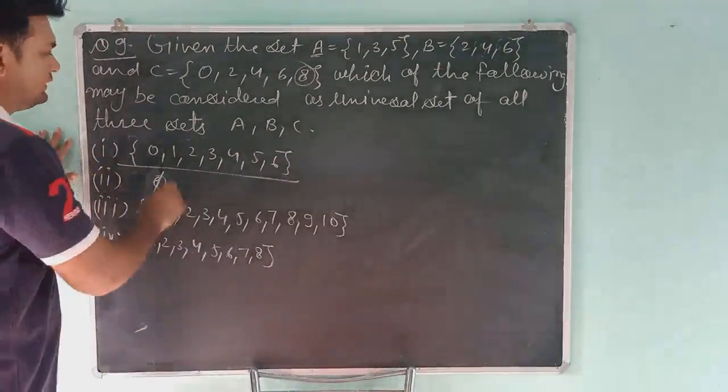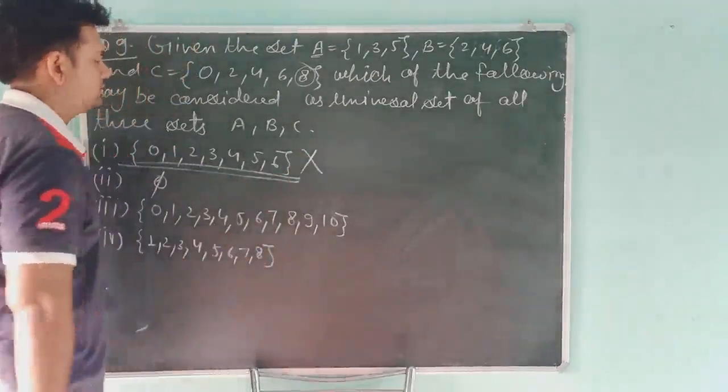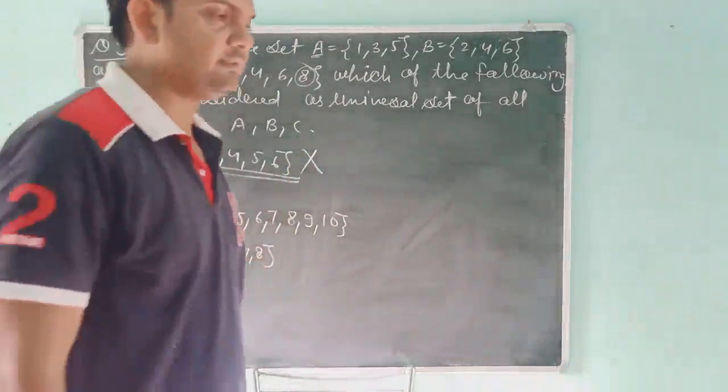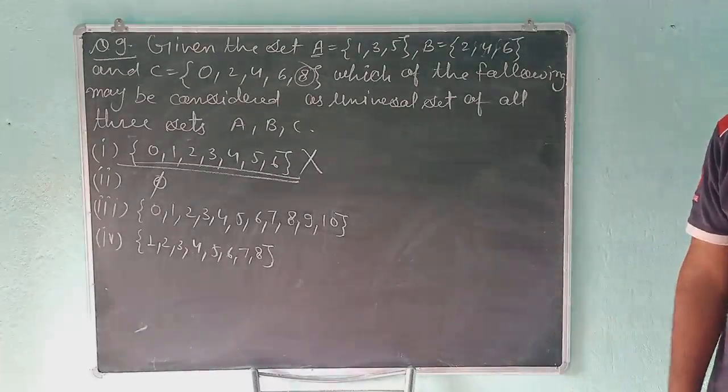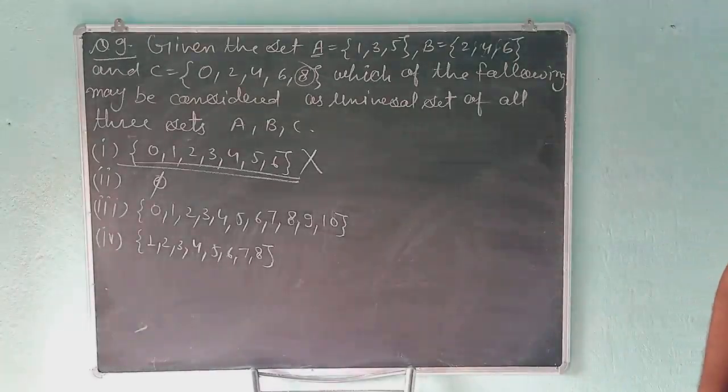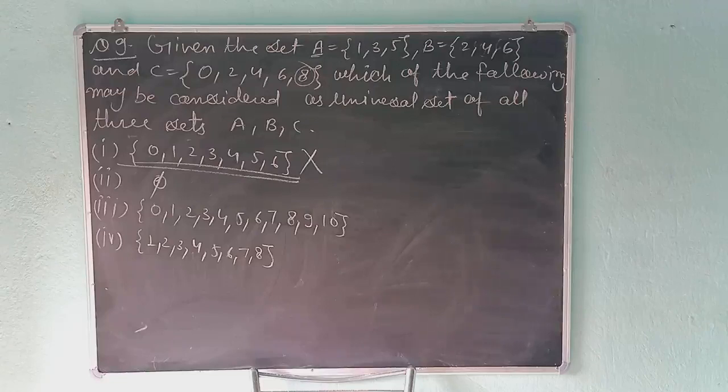So students, this is not a universal set. A universal set means a set that holds all types of elements, but here an element is missing, and that element is 8. So the first option is not a universal set.